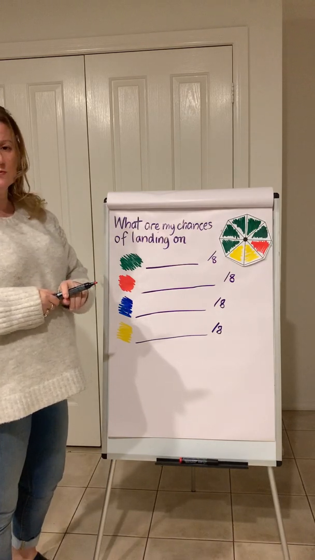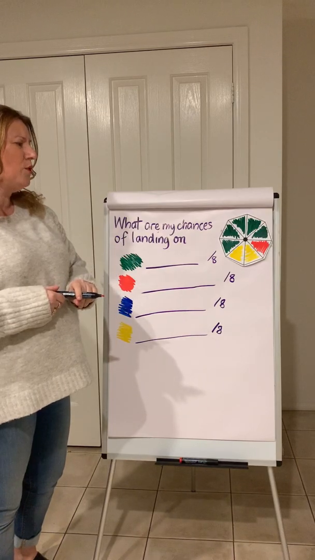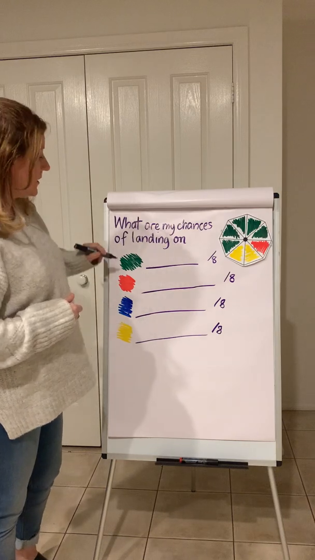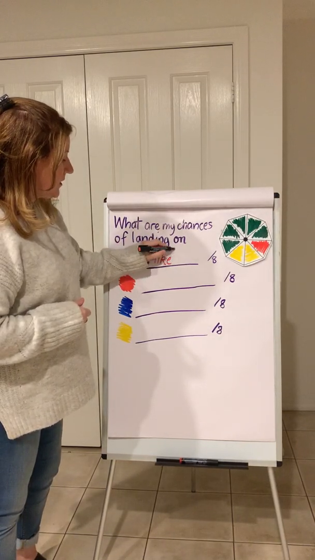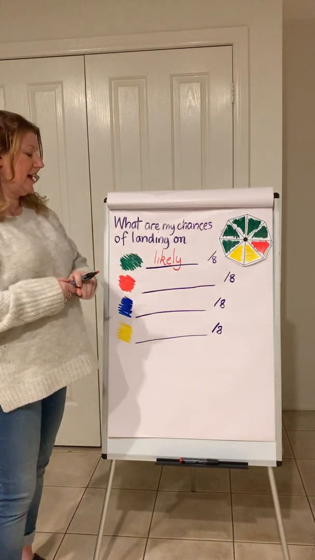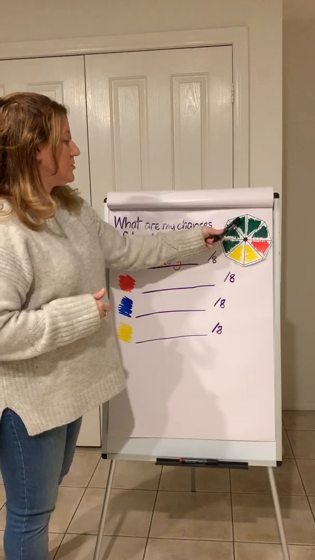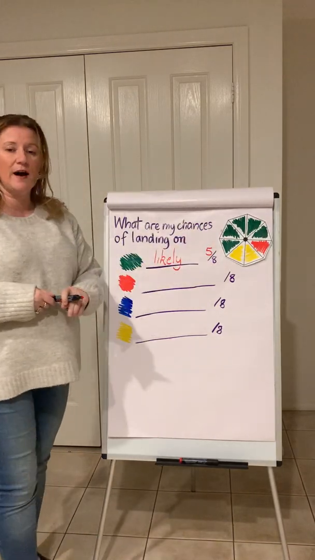Can't be impossible because there is green there. There are more greens than yellow and red, so it's probably likely that I land on green because 1, 2, 3, 4, 5 out of 8 parts are green.